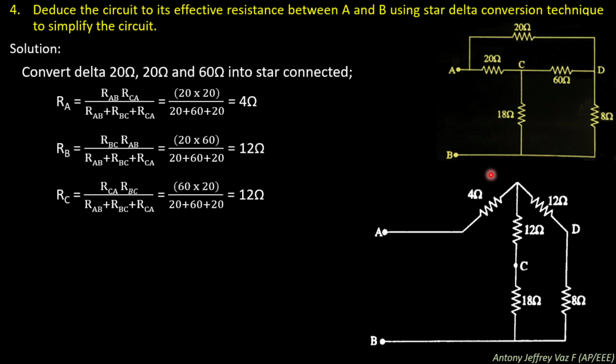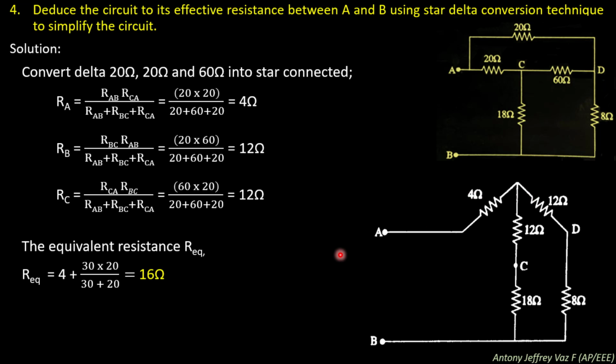So this effective circuit can easily be converted. The summation of these two will give you 30 ohms. Similarly the summation of 12 ohms plus 8 ohms will give you 20 ohms. So the effective resistance across this branch is 30 ohms and across this branch is 20 ohms.